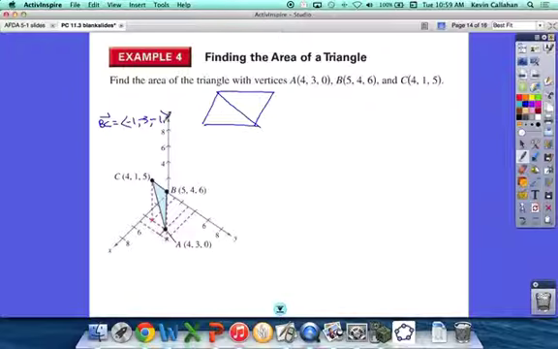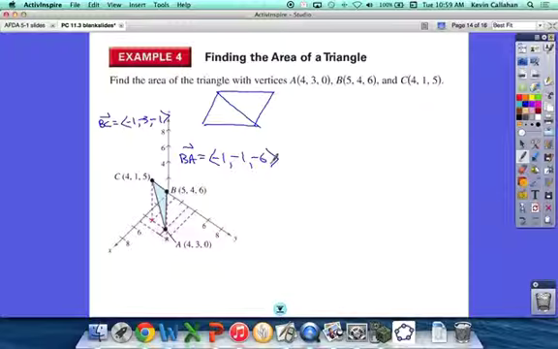Okay, now let me do BA. 4 minus 5, 3 minus 4, and 0 minus 6. So those two vectors come from this. They both start at B. So that would be the corner points of a parallelogram.